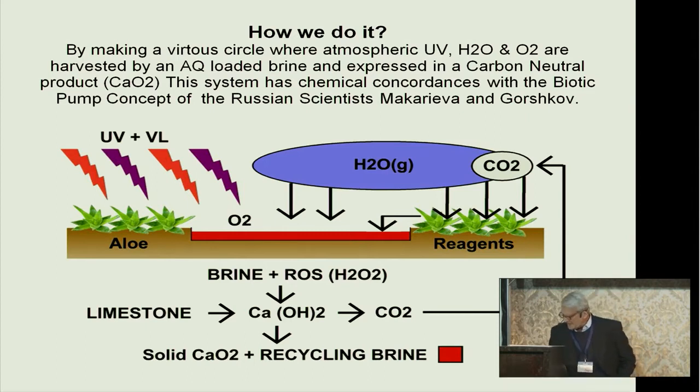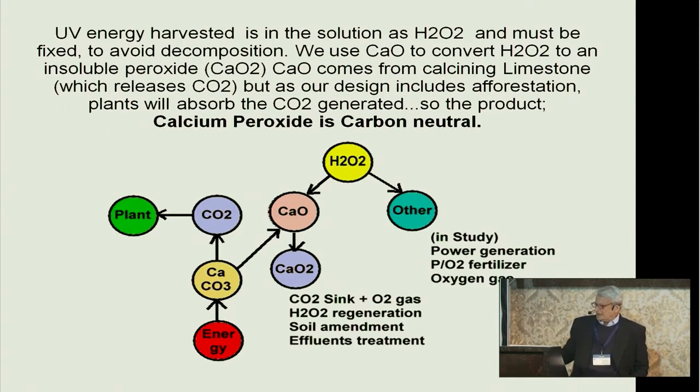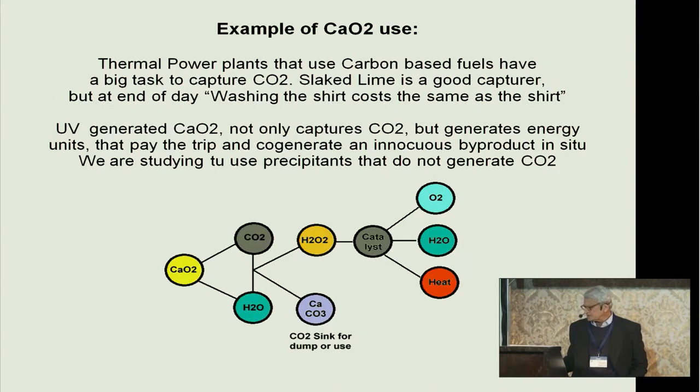And the brine is recycled with the enzymes and photosensitizers with very minor losses. Also, well, this is a disquisition that it is carbon neutral, but I'm not going to stand on that. For instance, this material, the calcium peroxide, can be used to capture CO2 and at the same time generate free oxygen.